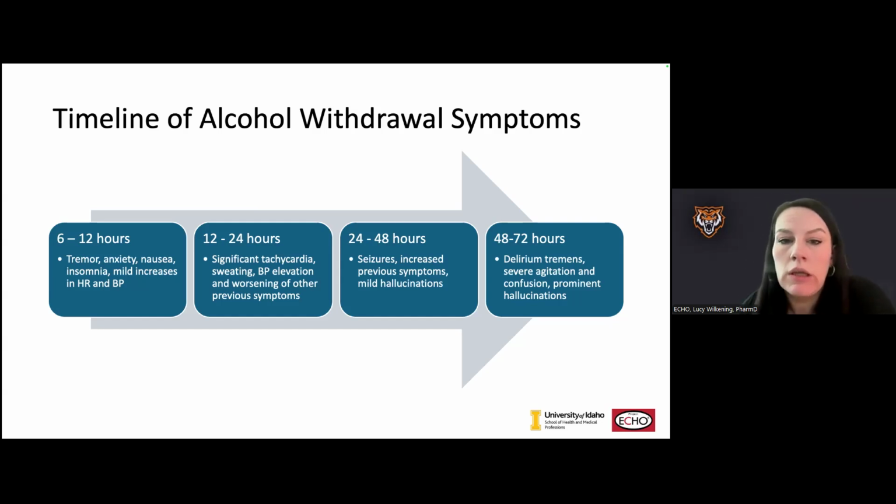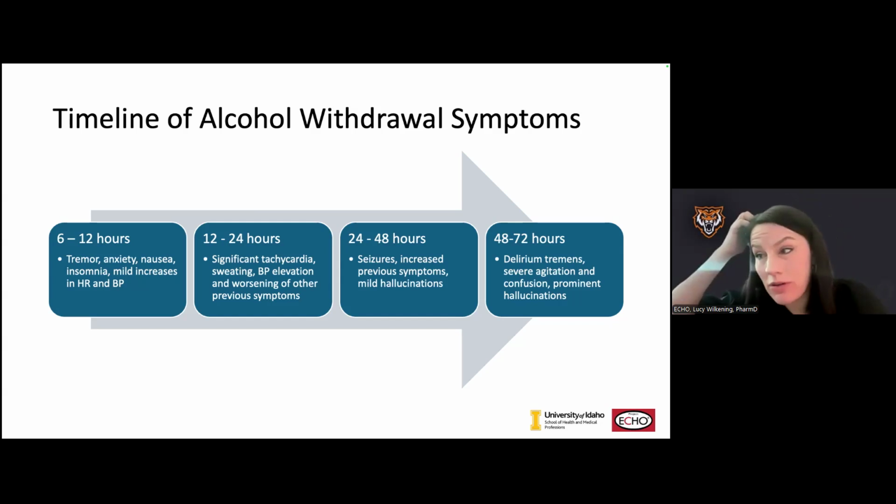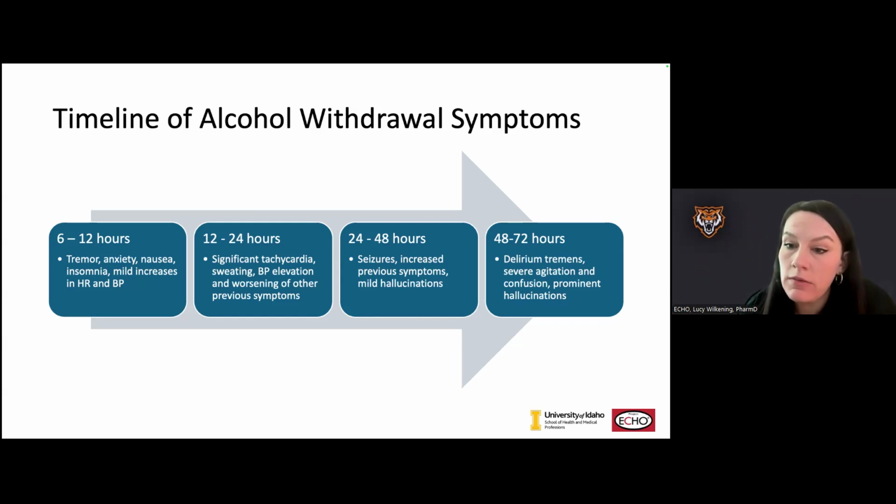And then in the last 48 to 72 hours is where we start to see things that can potentially be fatal, like delirium tremens, which can have a mortality rate of up to like 35% if you haven't been managing this properly.